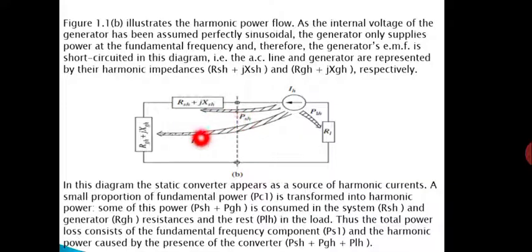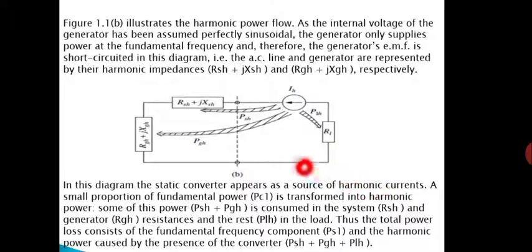So this PGH is consumed by the generator resistance RGH. So this power PGH and PSH, sum of this power is being consumed in the resistance RSH and RGH resistance, and the rest PLH in the load. So sum of this power is being consumed in the RSH, RGH and RL.